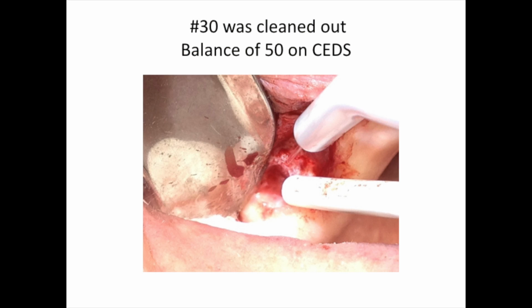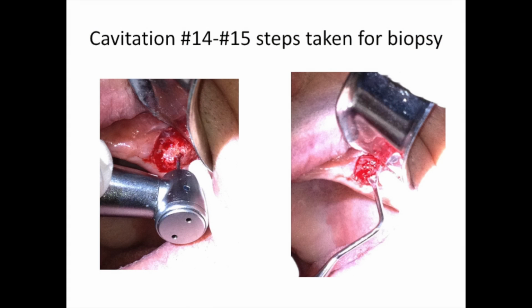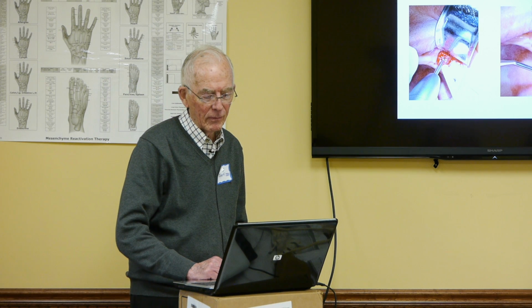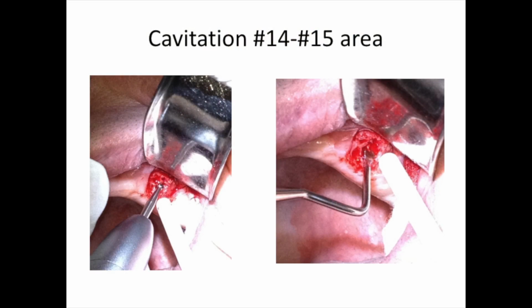We flush the area, and of course it's difficult to get some real good pictures, but the CDS balance back to 50. Here we are cutting a small portion out, using a curette and picking the bone out of that area to send it in for a biopsy. These are pretty much academic.